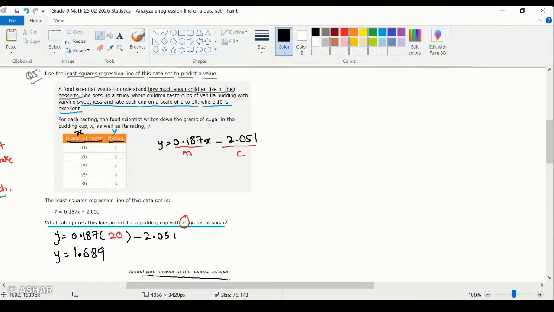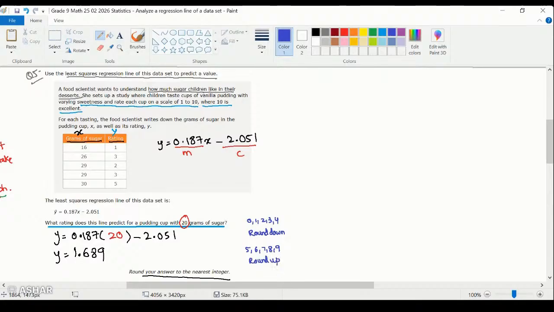Okay, let's try to recall how we round down and how we round up. We know that if the number ends with 0, 1, 2, 3, or 4, we round down. And if the number ends with 5, 6, 7, 8, or 9, we round up.